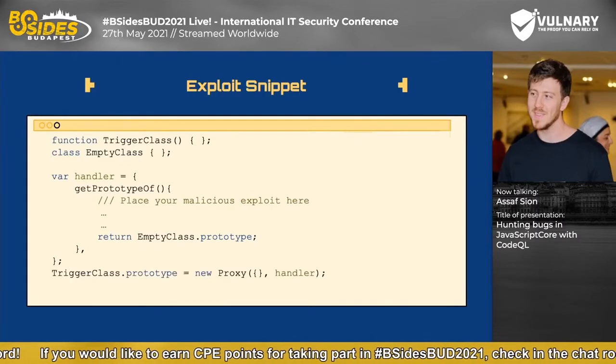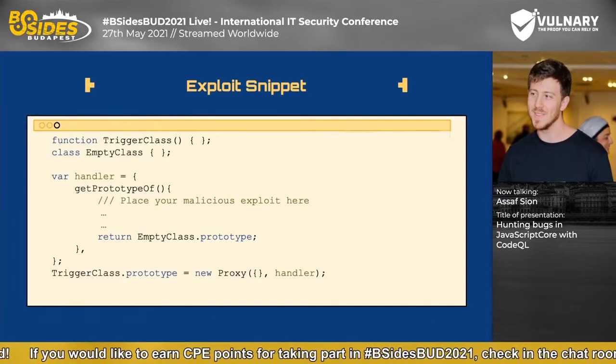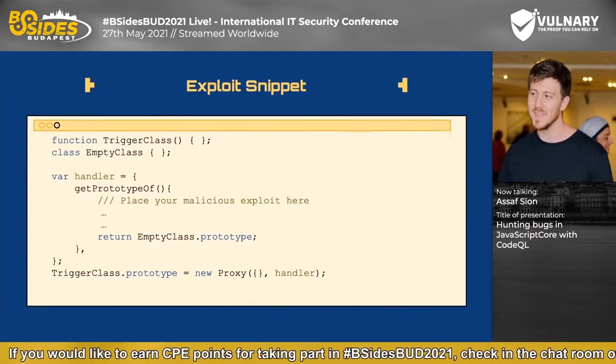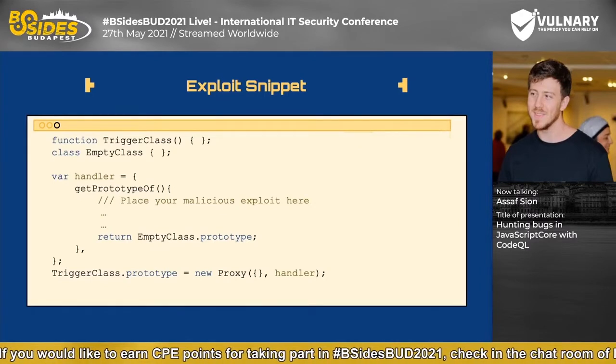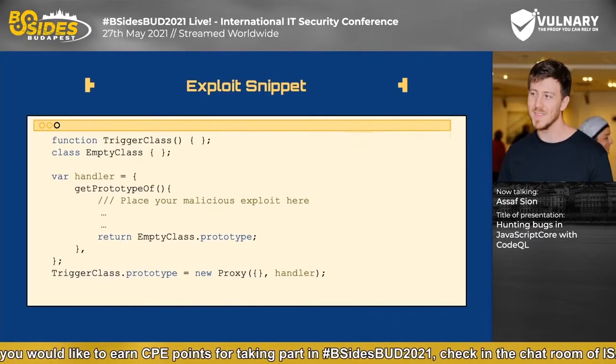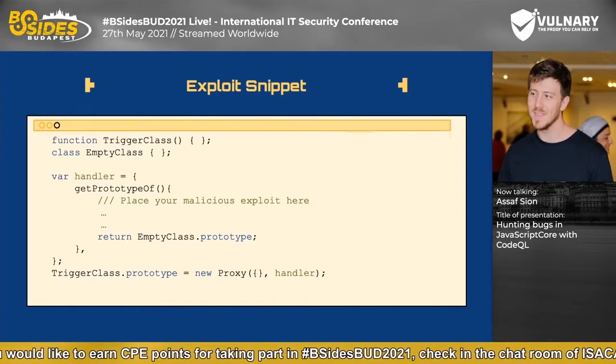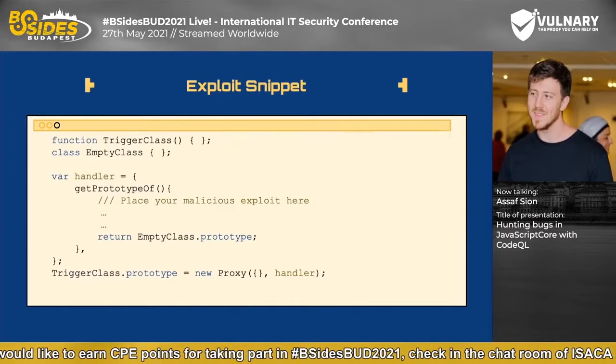Then we replace the prototype of the trigger class with a proxy object. This is very important. We replace the prototype object with a proxy object, and the proxy object now has the handler that we defined earlier.